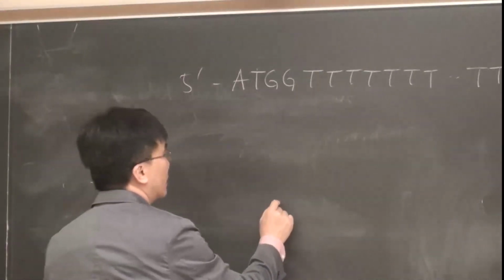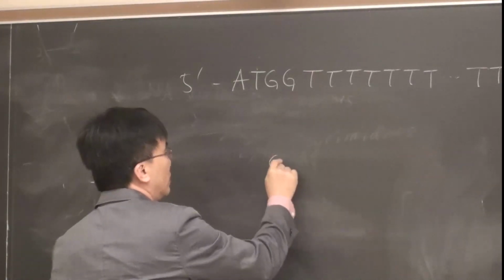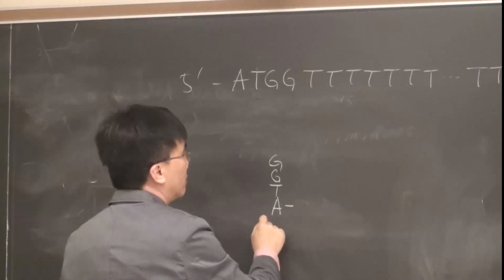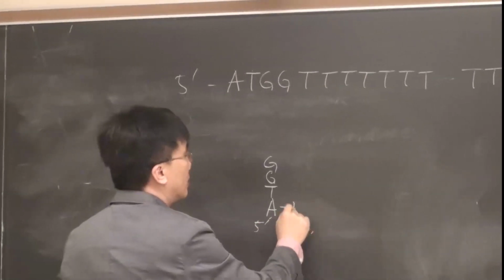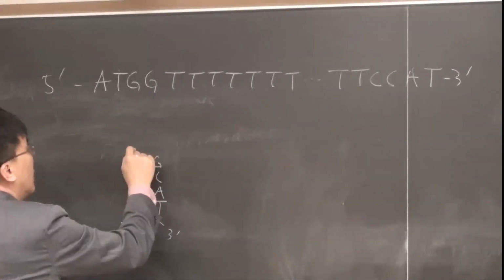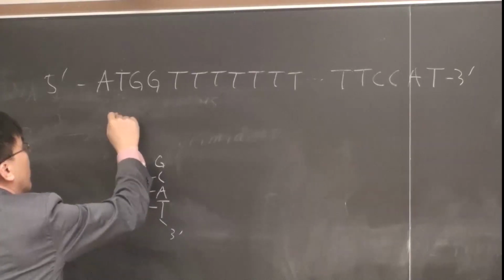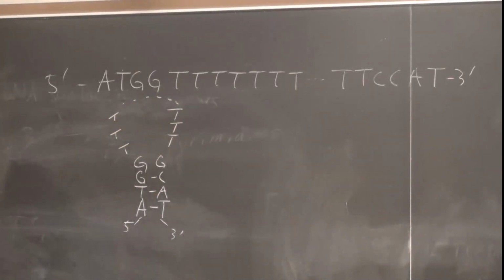Then what can happen is that these can form a hairpin. You have ATGG pairing with, this is the 5' end, 3' end, TACC, and so that's the DNA hairpin.